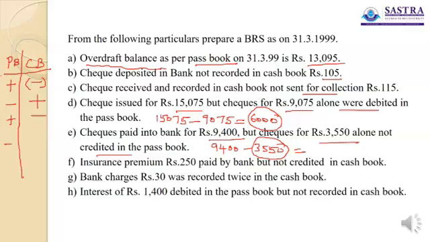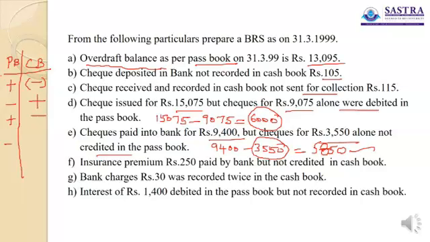So 9,400 minus 3,550 is 5,850. Of the 9,400, 5,850 has been credited, and the rest, 3,550, has not yet been credited.